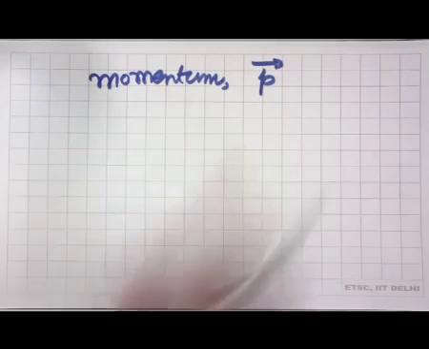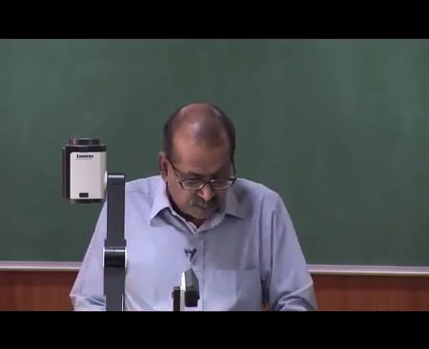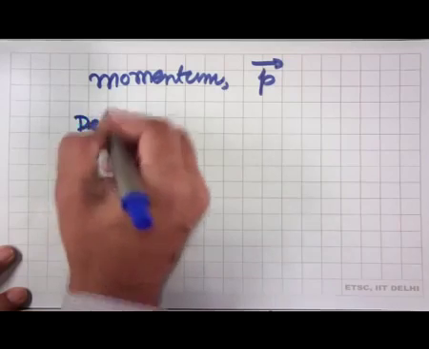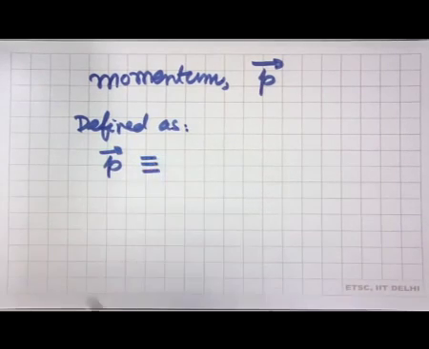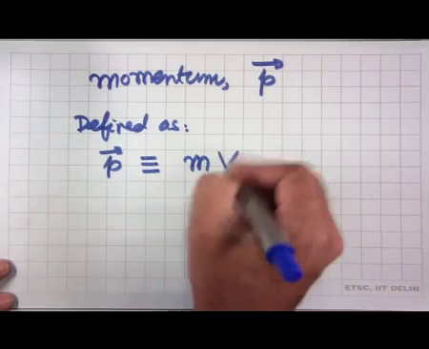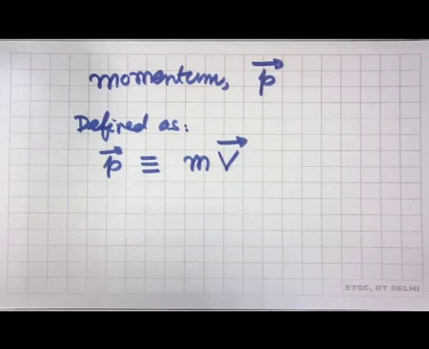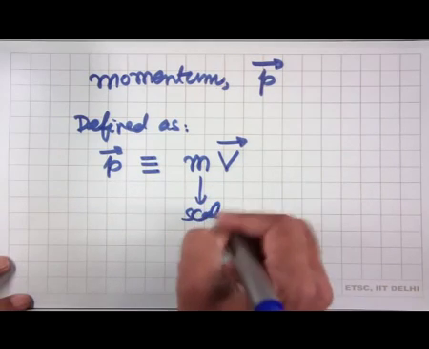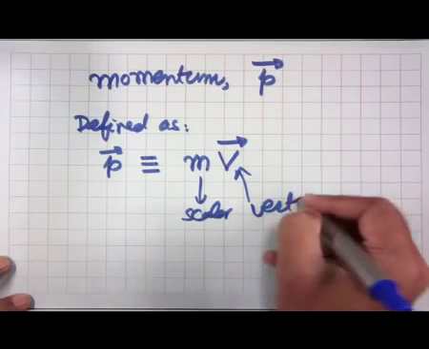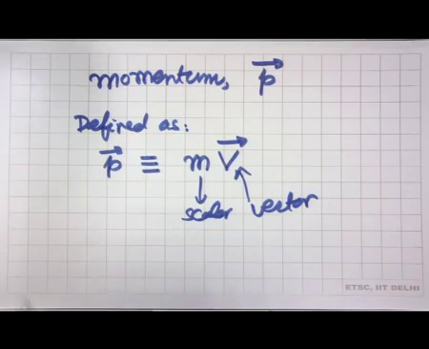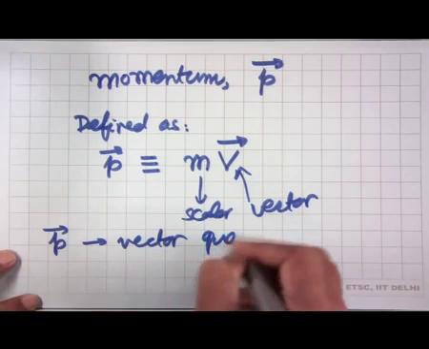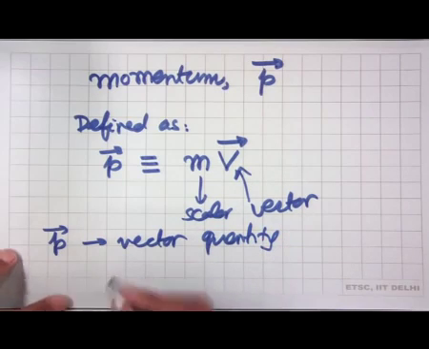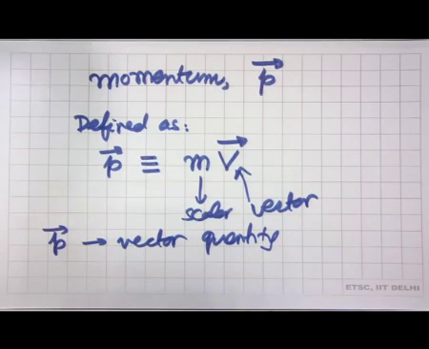In your textbooks you may find a bold faced p which represents momentum, and p is defined as the product of mass and velocity. So, we are multiplying a scalar with a vector, and the resultant quantity is also a vector. So, p is a vector quantity and it is a product of mass and velocity.